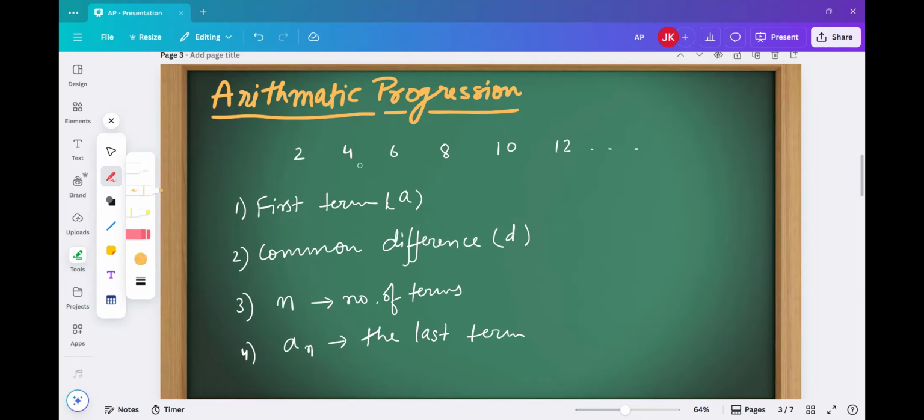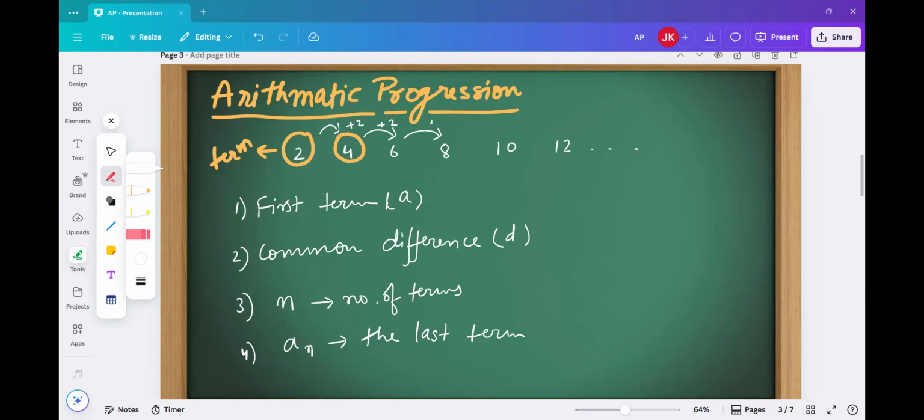So what is a term? Every number in the sequence is called a term. Suppose, as you see, for each number we have a plus 2 over here.